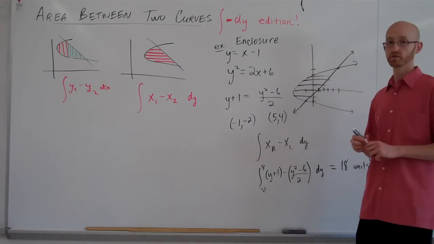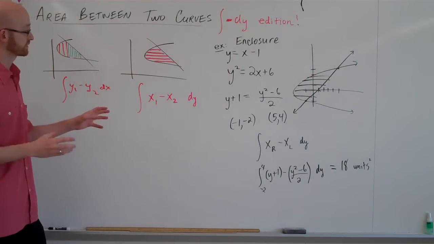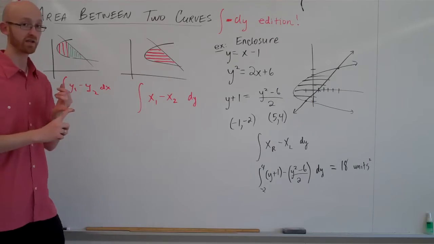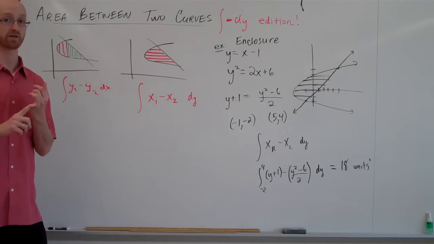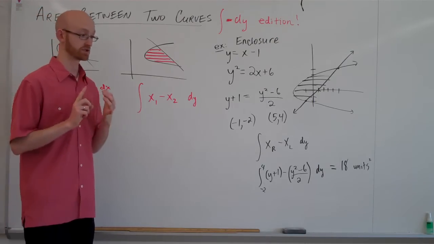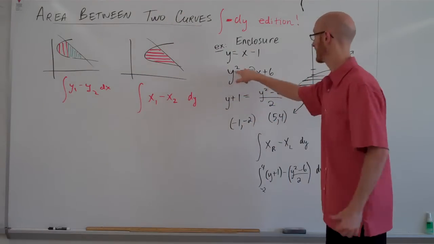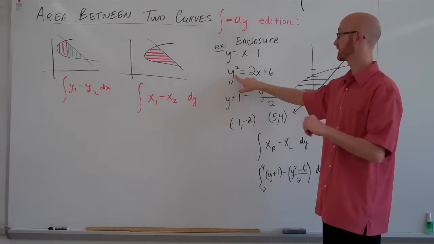So hopefully this has given you a little bit of a flavor of exactly, A, when is it useful to use dy integration, and B, how do you execute it? Just to recap, when is it useful? Well, it's useful here because I don't have to deal with isolating y.